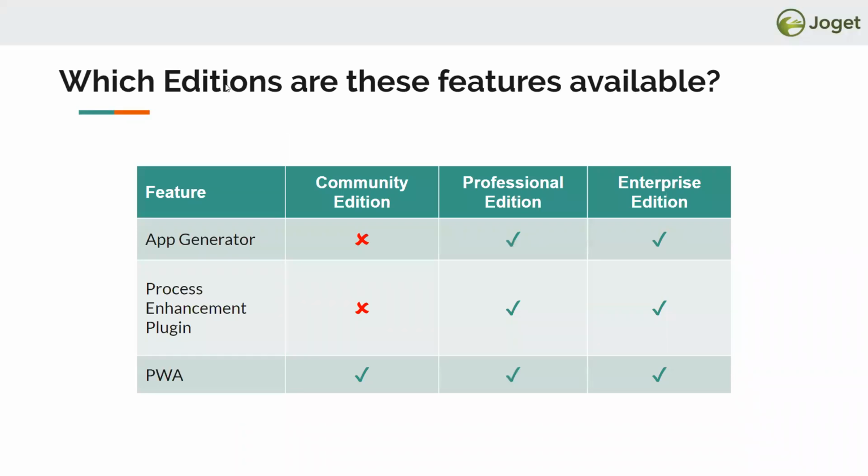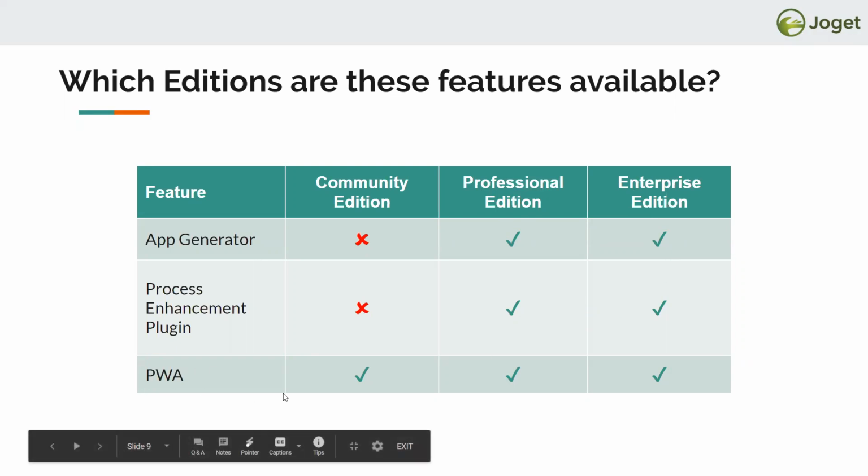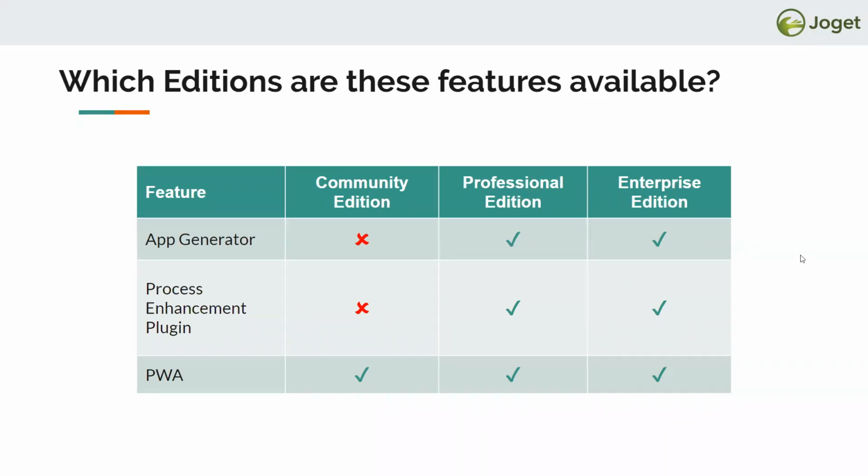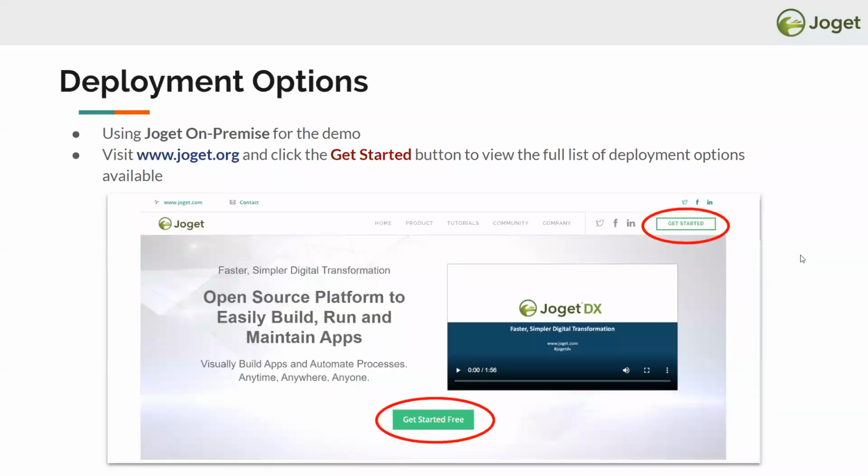So what editions are these features available in? For the process enhancement plugin, it's available only for professional and enterprise edition. But for the PWA feature, it is available for all Joget editions all across the board. All right, and coming to deployment options that we have, for the purpose of this demo, I'll be using Joget on-premise installation.